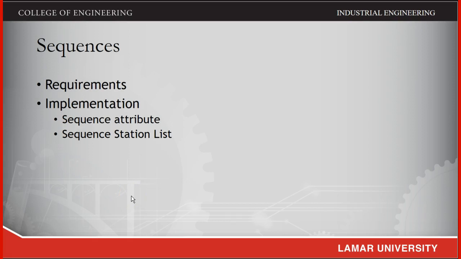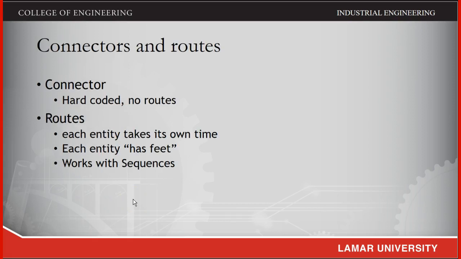And in the sequence list, we can specify the order in which the entities will visit these different stations. A combination of all these concepts allows us to build very complex models. We have first connectors and routes. In both cases we don't need a material handling device.